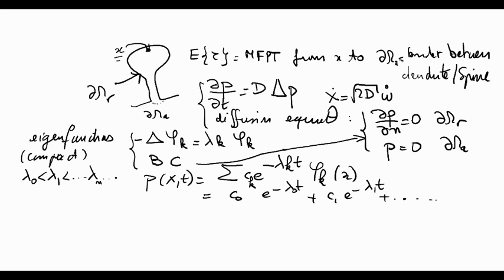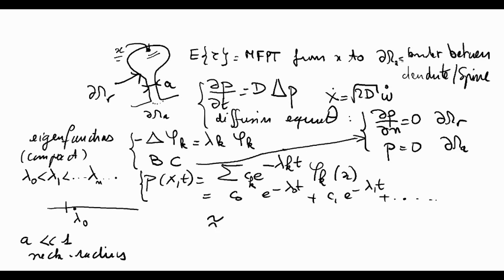We have seen that for the narrow escape problem, which is the case here, the first eigenvalue lambda 0 is very close to 0, and the time it takes to escape from such a structure when you start at position x inside the head goes to infinity, when the radius of the neck, let's call it little a, is small. In that case, we can make the approximation.